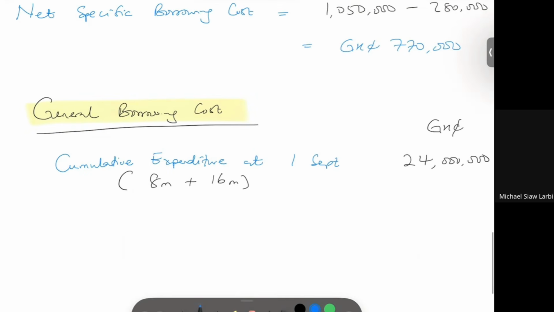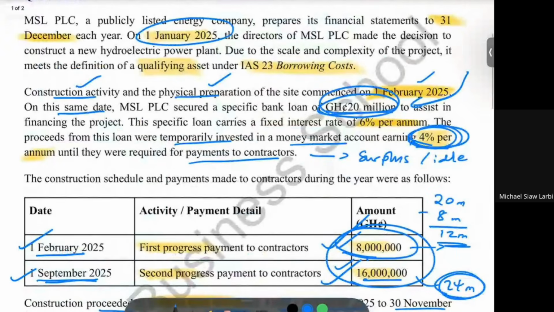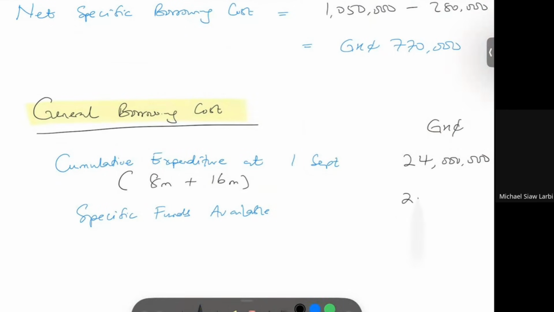Then what was my specific borrowing? So specific funds available. We went for a loan of 20 million, as we have all seen by now. So we will take out that 20 million.